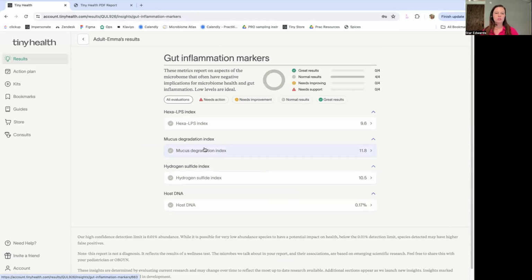So regardless of who's there producing it, we will be able to capture all the genes that will code for LPS production or hydrogen sulfide production, for example. So this gives us an extra layer of accuracy and functionality that your normal PCR 16S testing isn't able to accomplish.